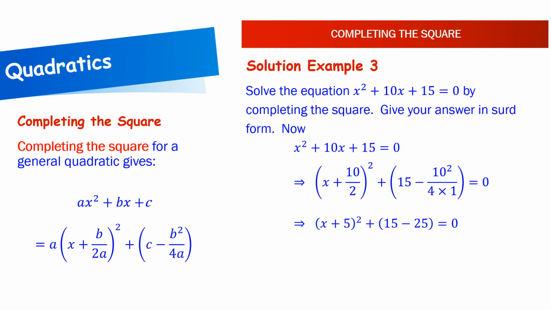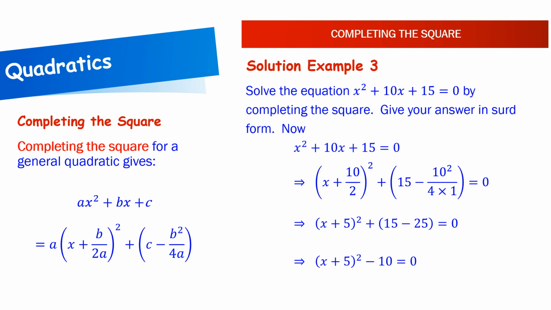Now tidying up gives us x plus 5 all squared plus 15 minus 25, and this is equal to 0. And so we're left with x plus 5 all squared minus 10 equals 0.